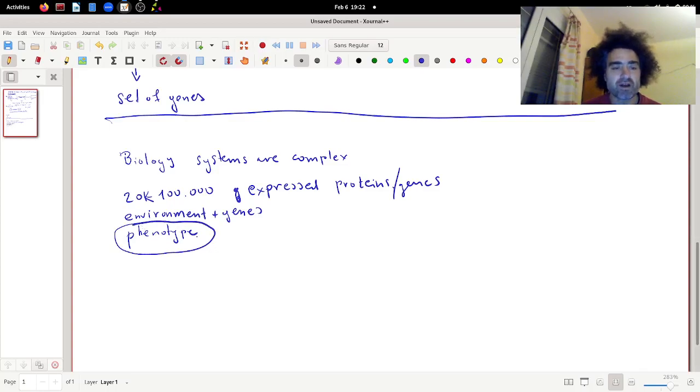Not just the appearance, but how healthy our systems are, how strong is our metabolism, what is our weight, and so on. So lifestyle and genetic material define us.